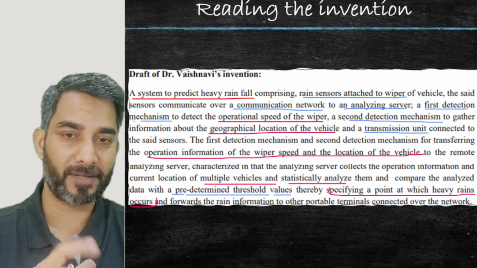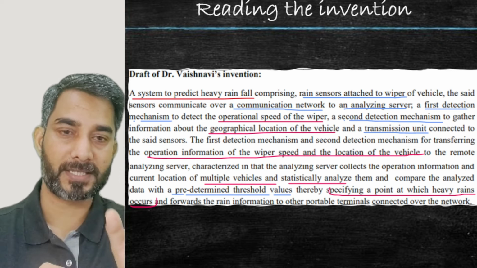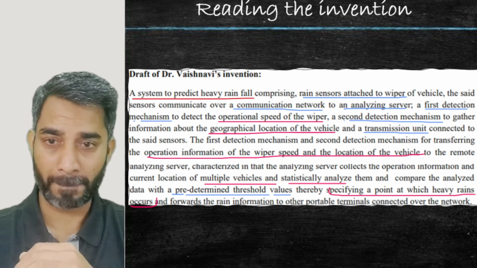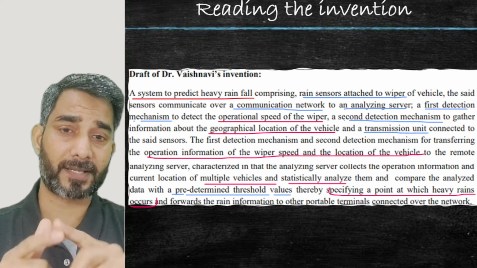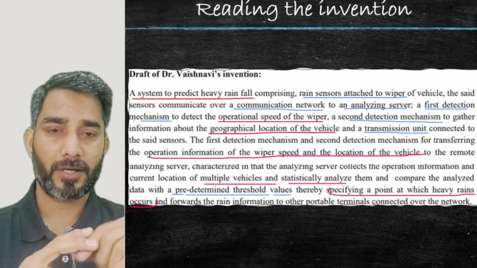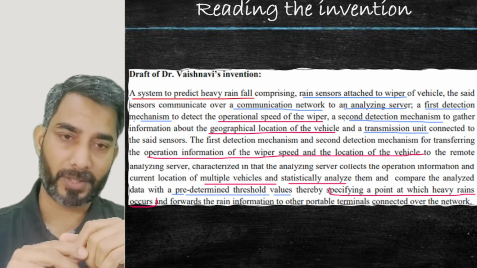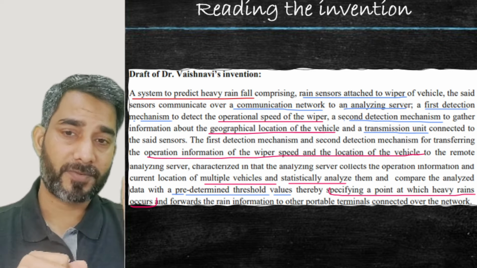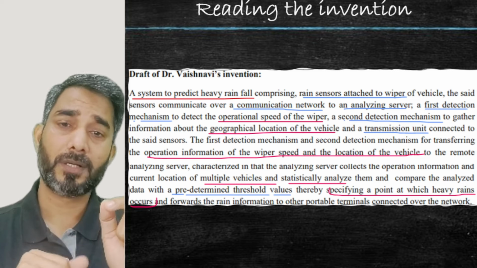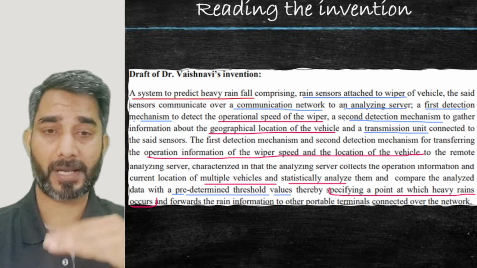I've underlined with blue: rain sensors attached to the wiper, very important, attached to the wiper of a vehicle. Now the sensors can communicate over a communication network, it's a normal thing, with an analyzing server. Okay, so it has a first detection mechanism. It's a component to detect the operational speed of the wiper.